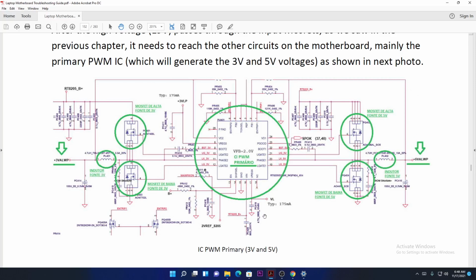The feedback FB1, and 3 means enable. And this one, TONSL means time on, then REF, and then NC, not connected, voltage regulator, V in, ground, skip, enable, lower gate.